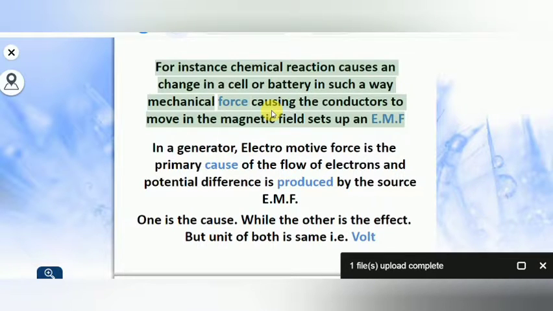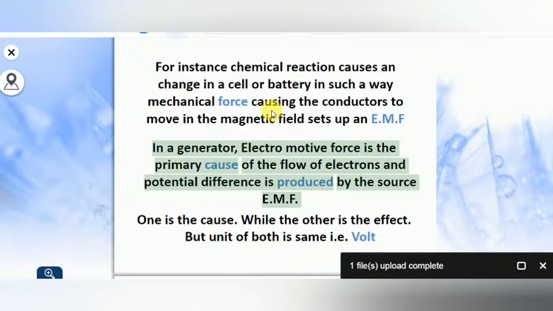For instance, chemical reaction in a cell or battery, or mechanical force causing the conductors to move in a magnetic field, sets up an E.M.F. In a generator, electromotive force is the primary cause of the flow of electrons, and potential difference is produced by the source E.M.F. One is the cause, while the other is the effect. But the unit of both is the same, that is volt.